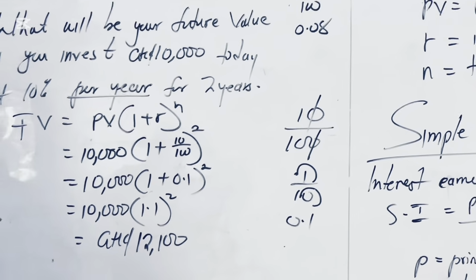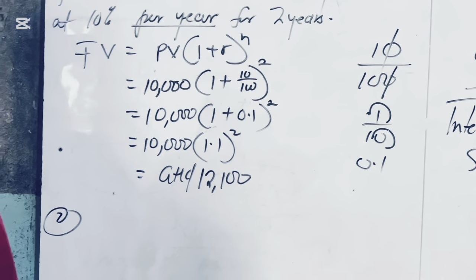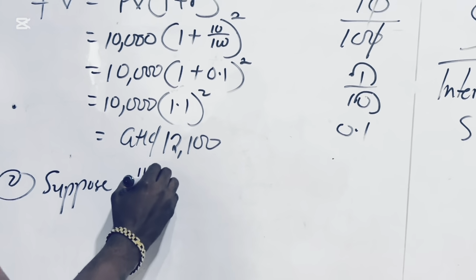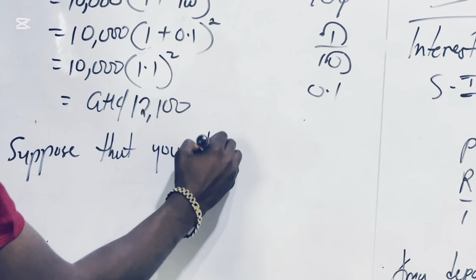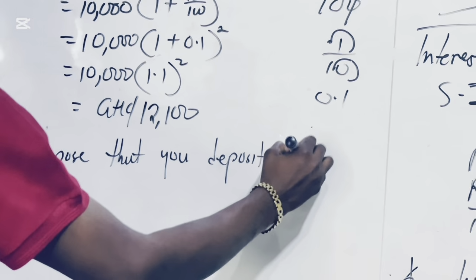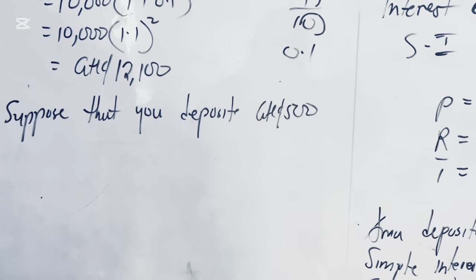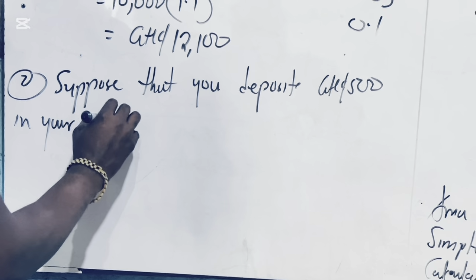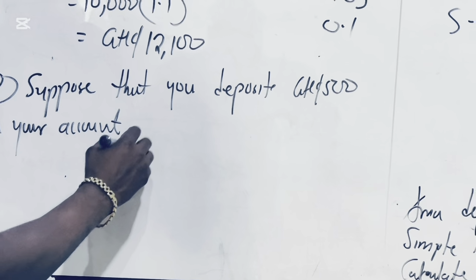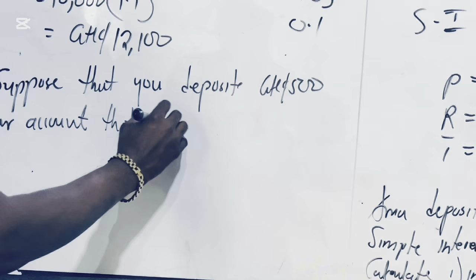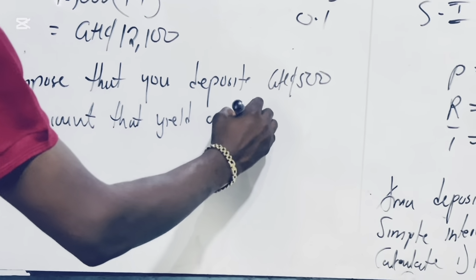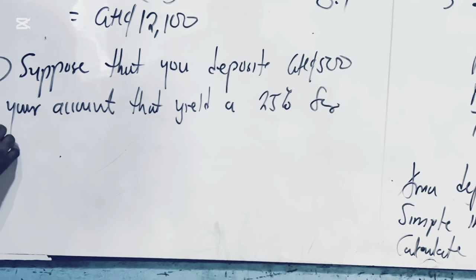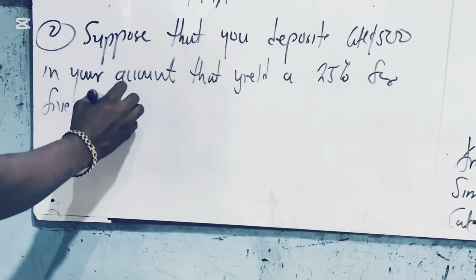Okay, so number 2, let's say we have this. Suppose that you deposit 500 Ghana cedis in your account that yields a 25% rate for 5 years.